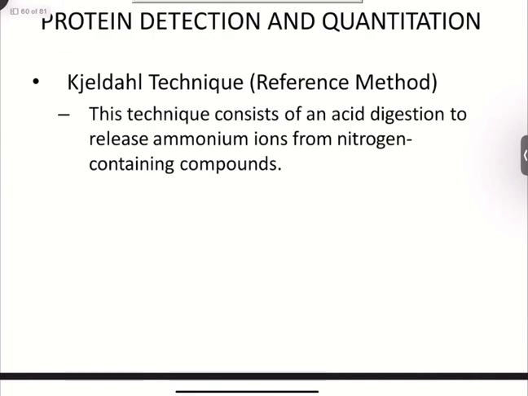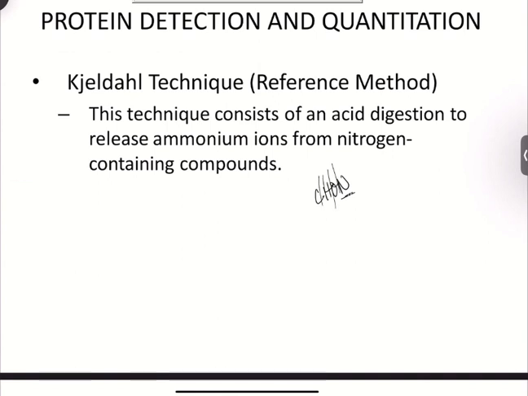Protein detection and quantification. And again, you have the Kjeldahl technique, which is the reference method for protein determination. This technique consists of an acid digestion to release ammonium ions from nitrogen-containing compounds. So your nitrogen-containing compounds or your proteins are digested, separated.